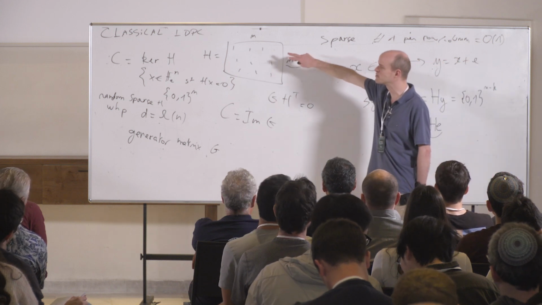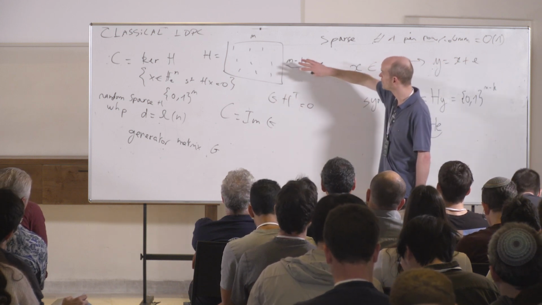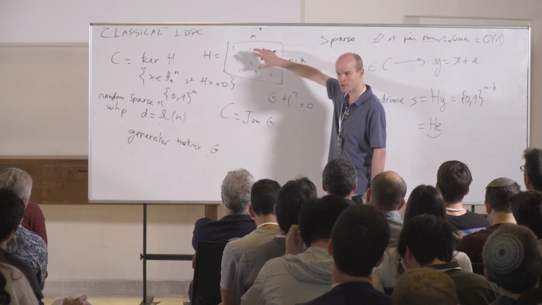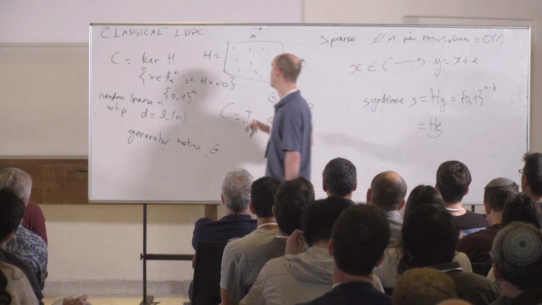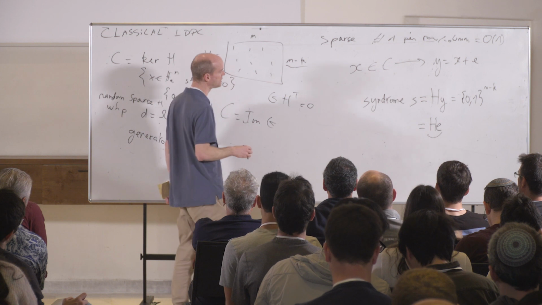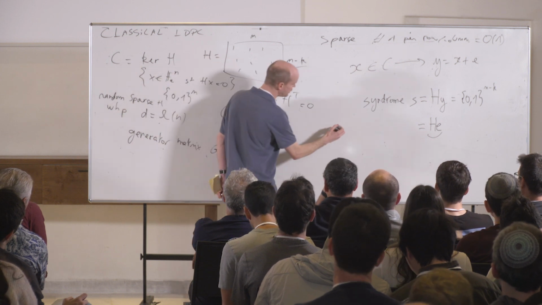When the matrix is sparse, you can have a graph representation of the code, and that makes everything easy.